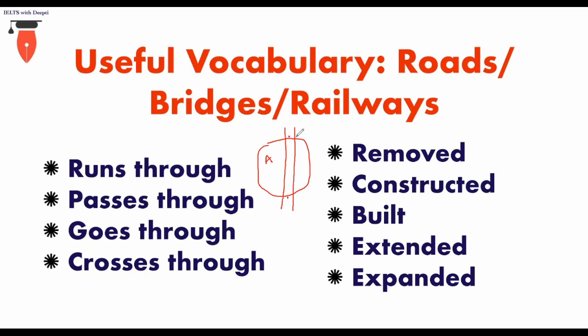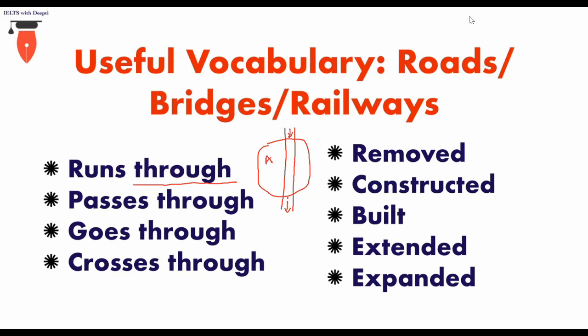We can call these the entrance points of the city. So it is moving in from here and moving out here. So that is the importance of using the word through. And runs, passes, goes or crosses, anything can be used here.